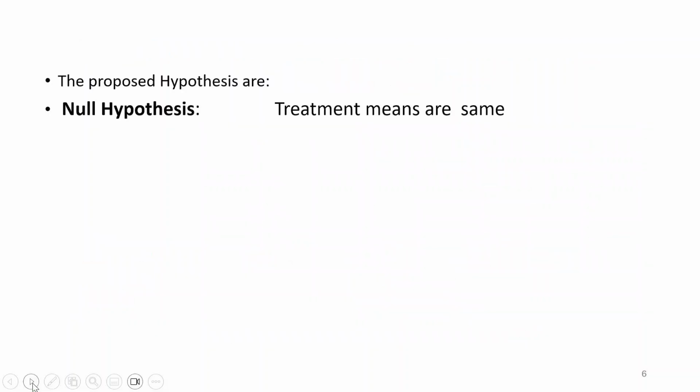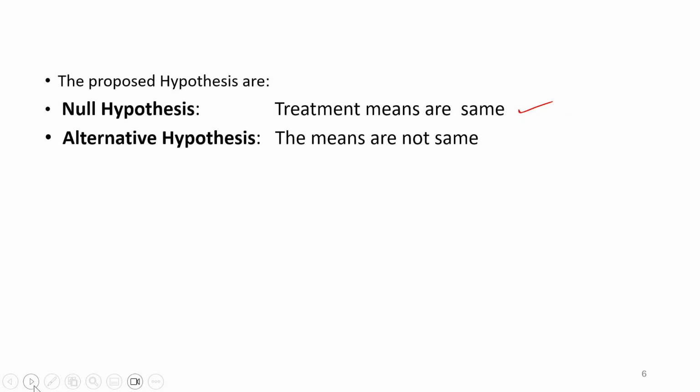Therefore, our null hypothesis will be that the treatment means are all the same, and the alternative hypothesis would be that the means are not the same, or they are differing from each other. So this will be our H0 and this will be our H1.